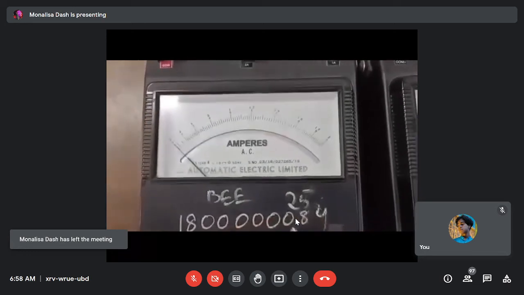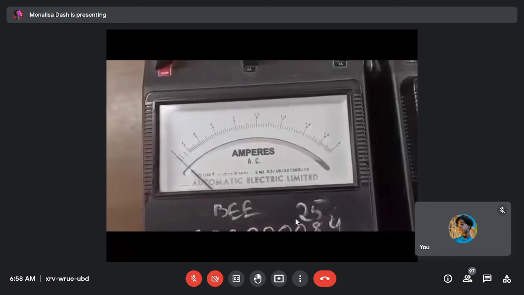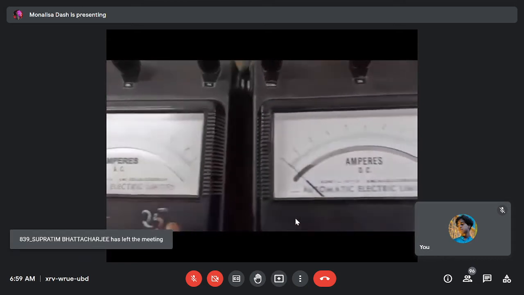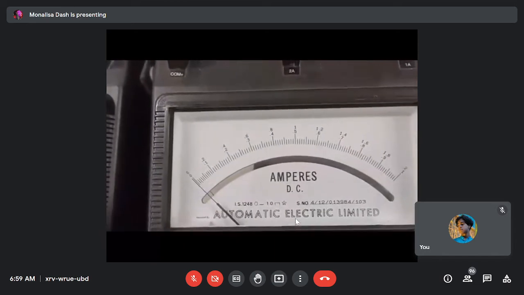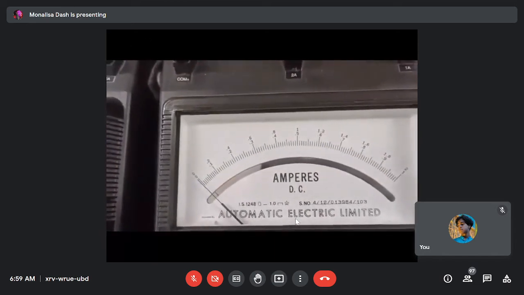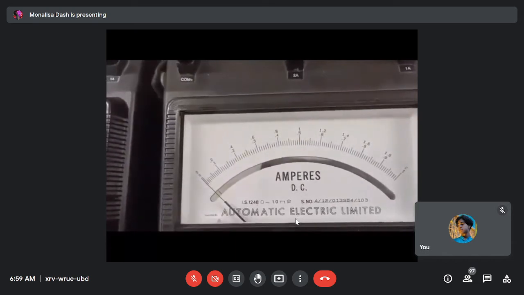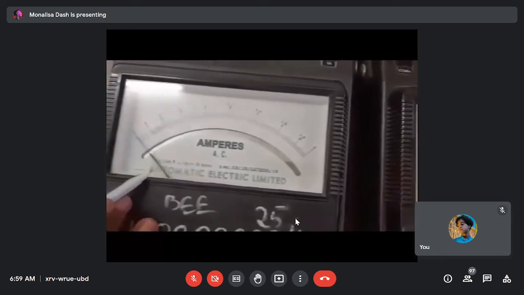MI type instruments can be used on both AC and DC. And another is MC type. MC type instruments are used only in DC circuits. So how to know which one is your MI type instrument and which is your MC instrument? See this symbol.